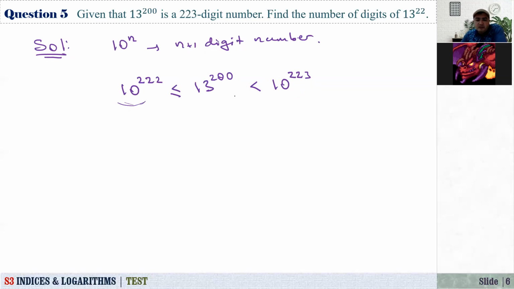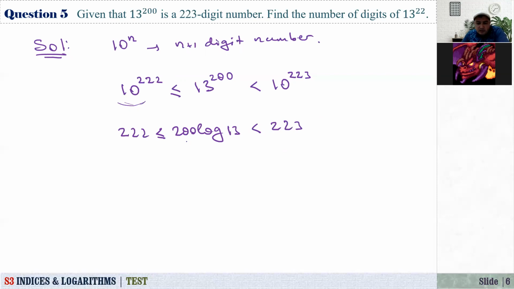So now if you take the common logarithm of all sides, the first part is equal to 222. That is less than or equal to log 13 to the power of 200, less than 223. Or actually this 200 comes to the front, so I can write it as 222 is less than or equal to 200 times log 13, less than 223.